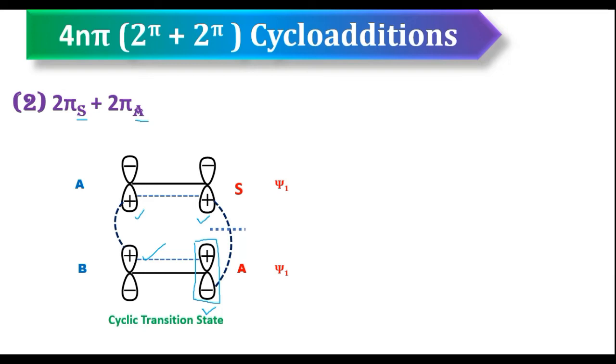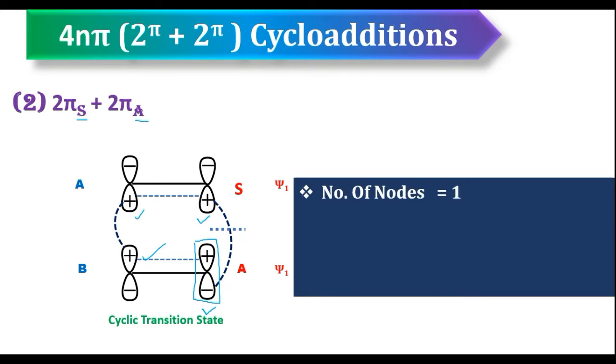When one atomic orbital is adjacent to or connected by a negative sign followed by a plus sign, that is called a node. Here this belongs to one atomic orbital, therefore we cannot call this a node. Okay. So now the number of nodes in the transition state is 1.